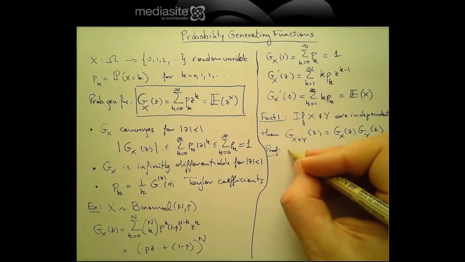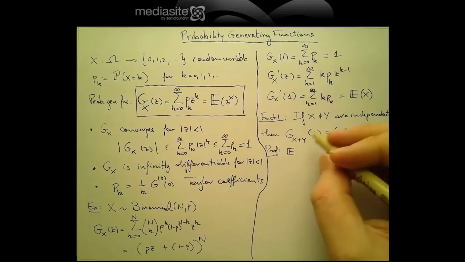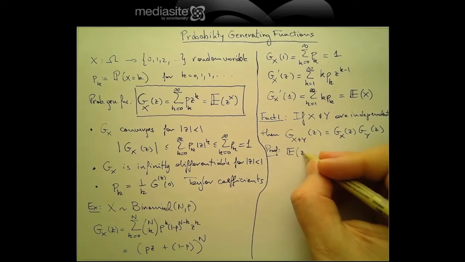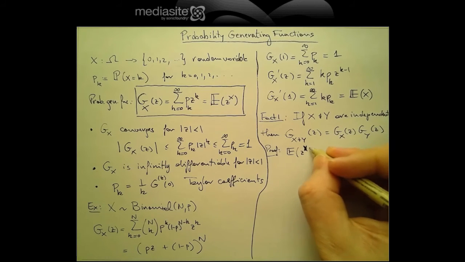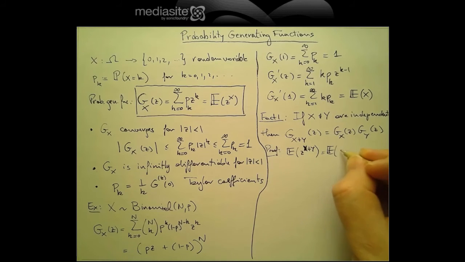right? So let's think of it in terms of this formulation as the expectation of z to the X. So this left hand side is the expectation of z to the X plus Y, right, which I can write as the expectation of z to the X times z to the Y. But X and Y are independent, and this is a function of X and this is a function of Y. I can split the expectation up, right?